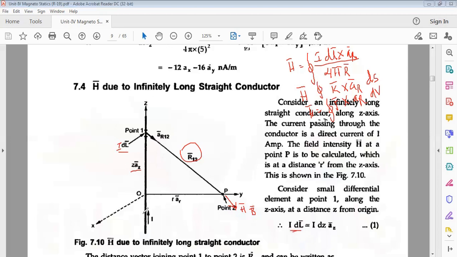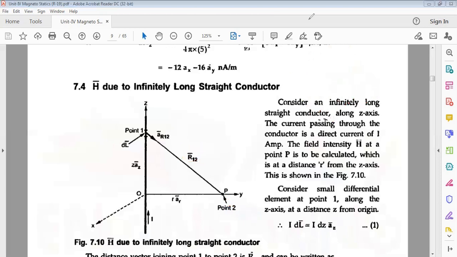Because it is on the z-axis, the differential length dl bar is equal to dz into a_z bar. Got it, my students?